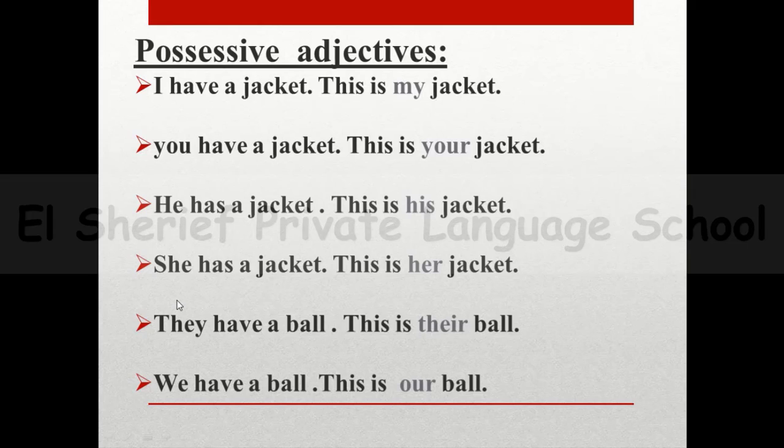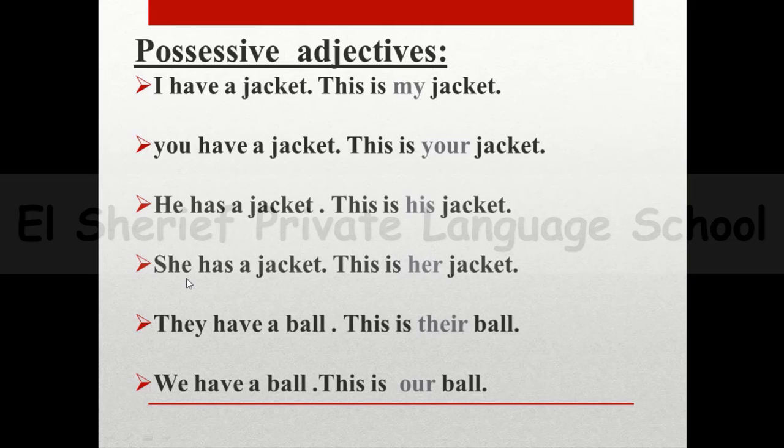Example number 4, she has a jacket. Where is the subject here? She. So in the second sentence, I will say, this is her.